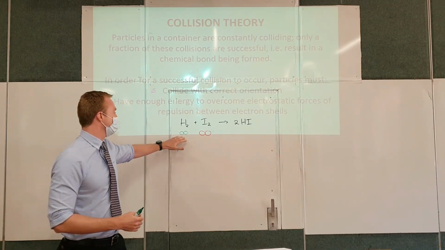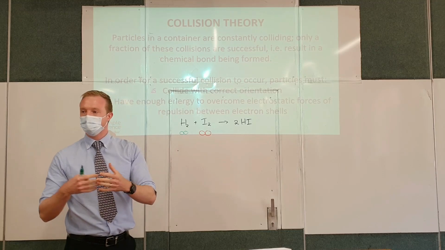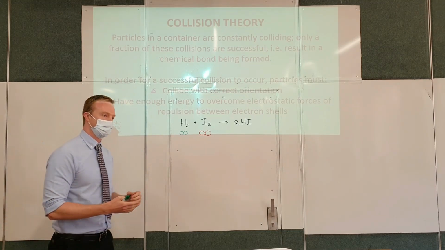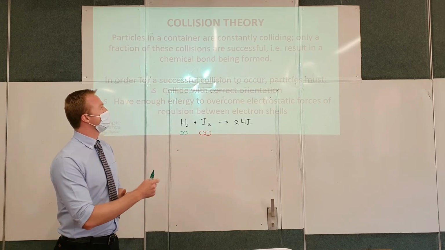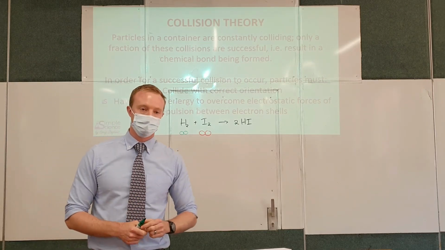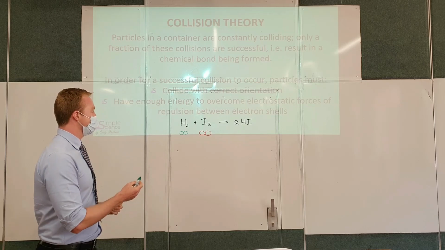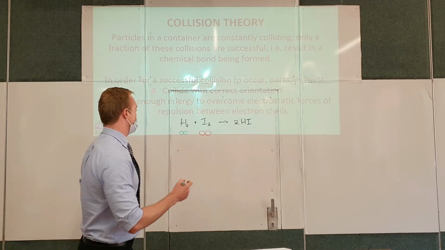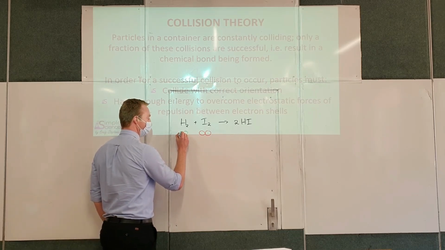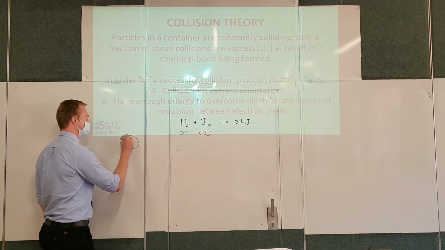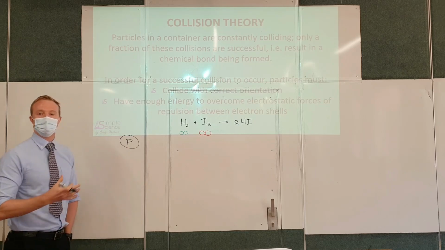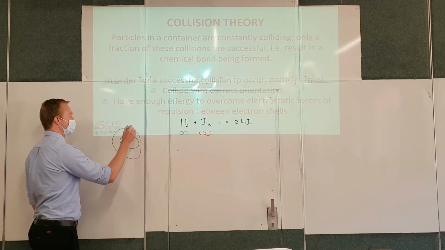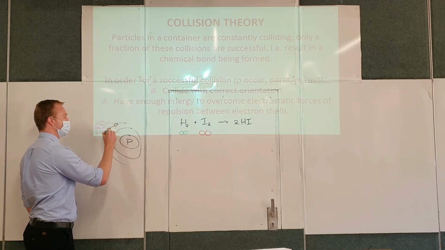If they do not get close enough to form new bonds and break the old bonds, there can be no collision. So our first condition for collision theory is that the particles must collide. The reason why collision is not so simple is because the center of each atom, the nucleus, contains the protons and the neutrons, and around that we have the energy levels with the orbitals that contain our electrons.